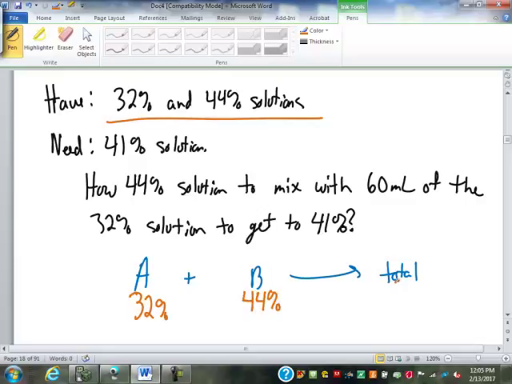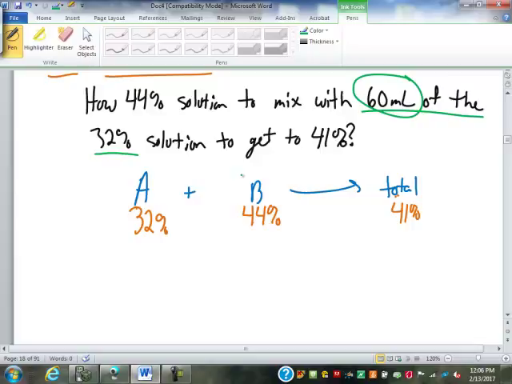And what percent do we want our result to be? We need 41%. What amounts do we know here? We only know one volume. And which one does that go with? That's of the 32%. So that's 60 milliliters.